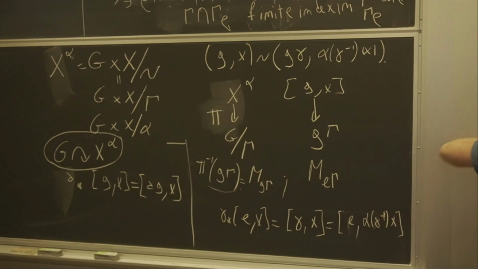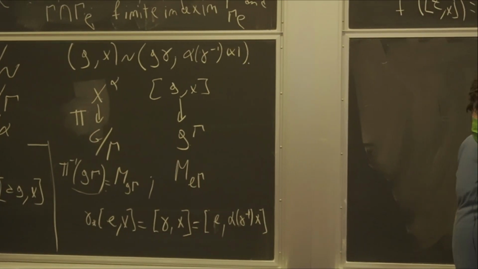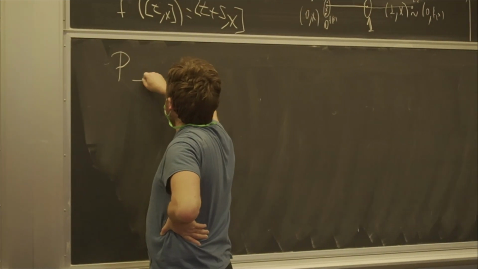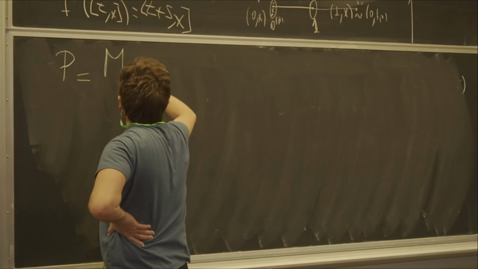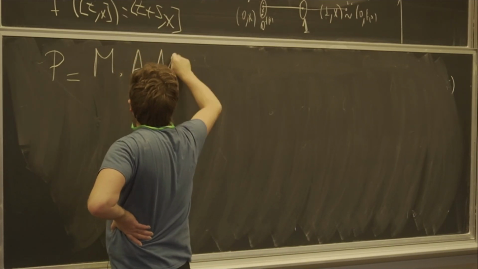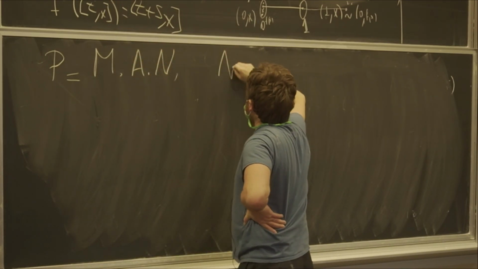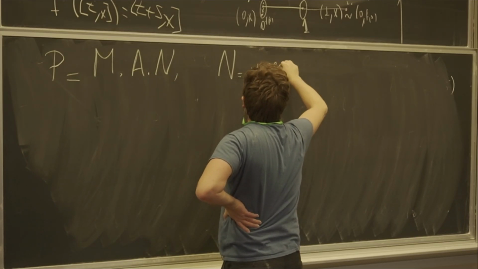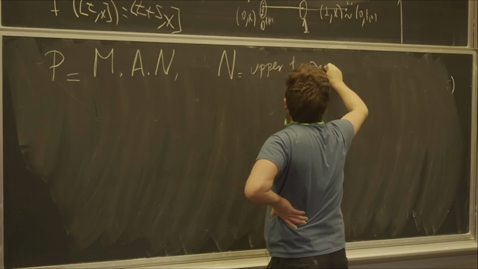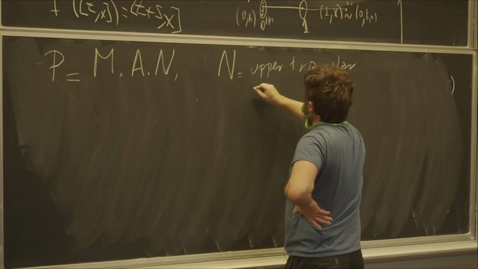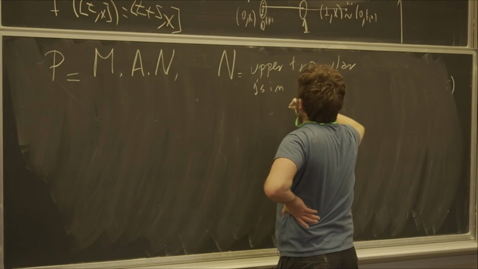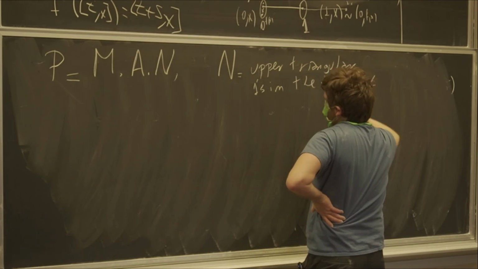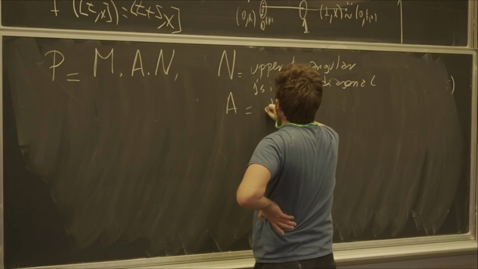So what does it mean to try our best? It means that we take P, which for us now is MAN. N is upper triangular with ones on the diagonal. A is diagonal.